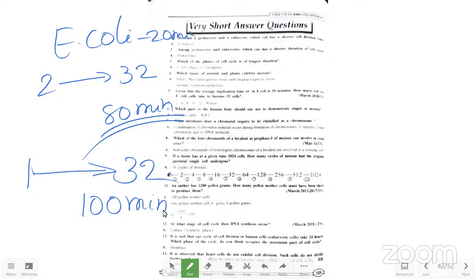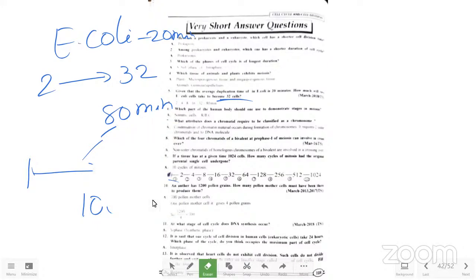Increase one more 20 minutes, 1 becomes 2. So like that, we have to use the brain over here. They may change the numericals. Otherwise, they may change this number, 32 cells, instead they may say 64. Then increase the number by 20 minutes. Like that.